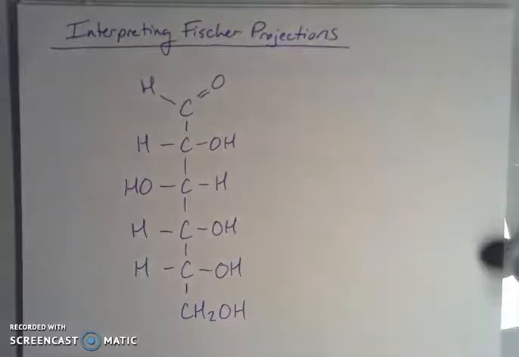So I want to talk about what we're looking at and how we interpret this, and then we'll talk about how this long chain relates to the ring structure that we see and think about when we think about carbohydrates. Because when we think about monosaccharides, which are the monomers that make up carbohydrates, we usually envision them as a ring.